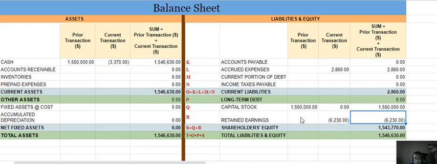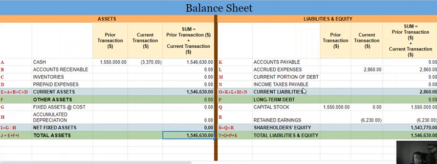Right now there is no retained earning. Only this much amount is going to be reduced from my retained earning. So that's why it is negative. And you can see my total liabilities and equities is $1.54 million, which is equal to my total assets. That means the balance sheet is fully balanced.